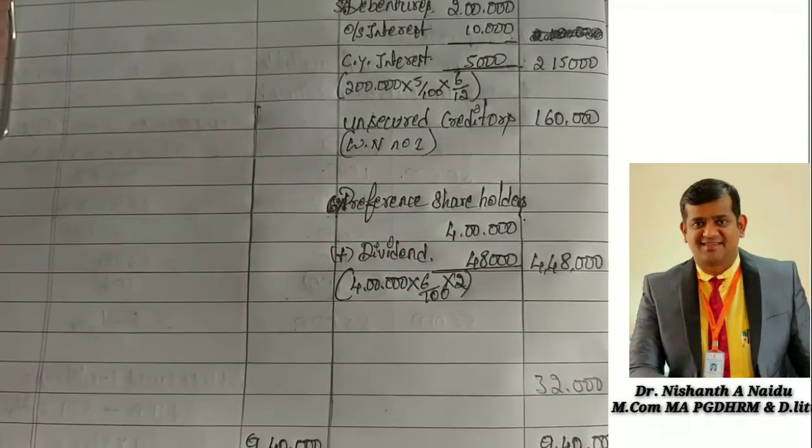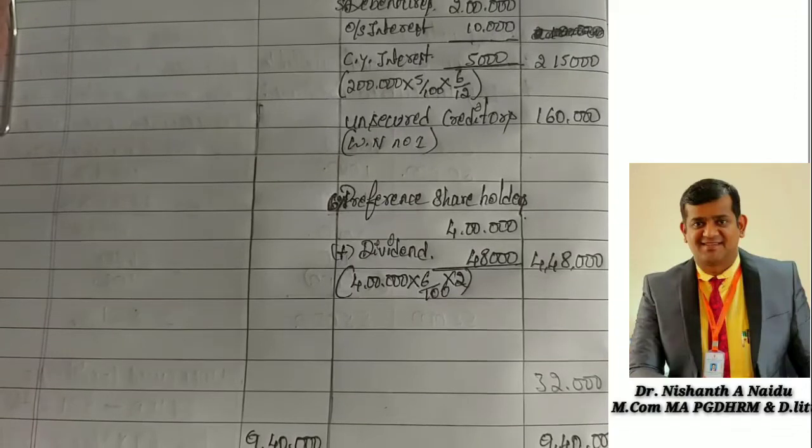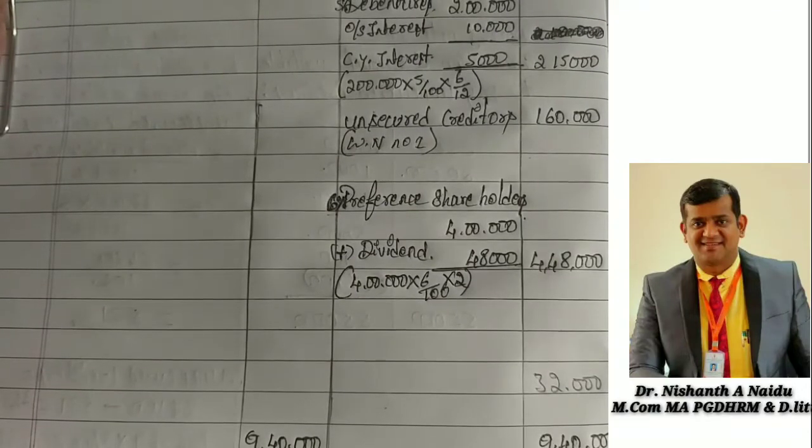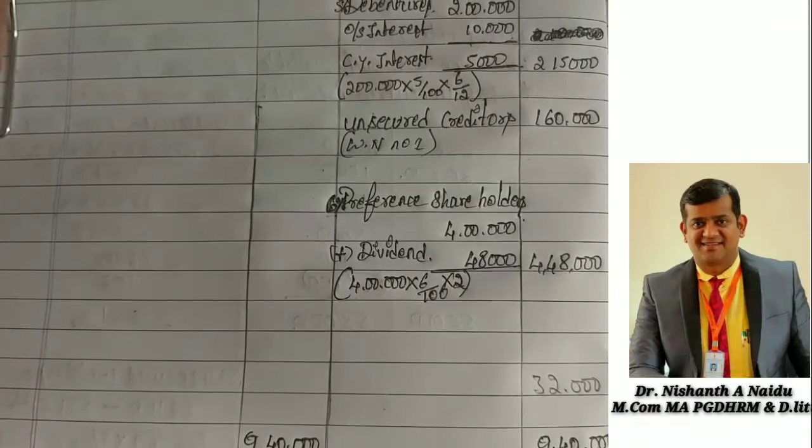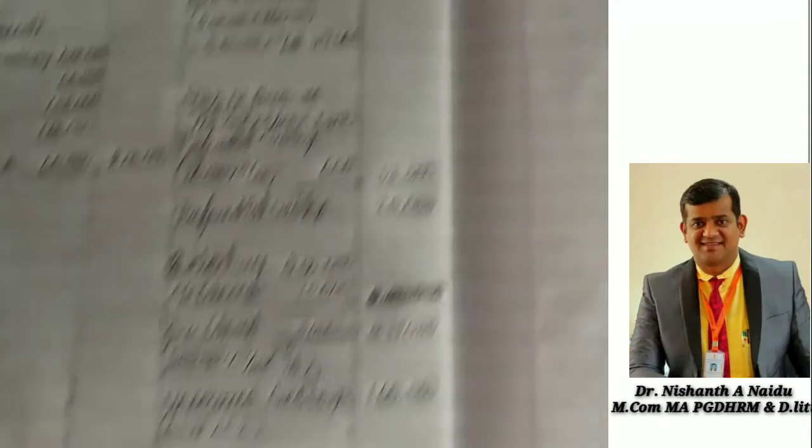How do I distribute the money among the 2,000 equity shareholders who have paid 75 rupees and the 6,000 equity shareholders who have paid 60 rupees? For that we have to do a working note.